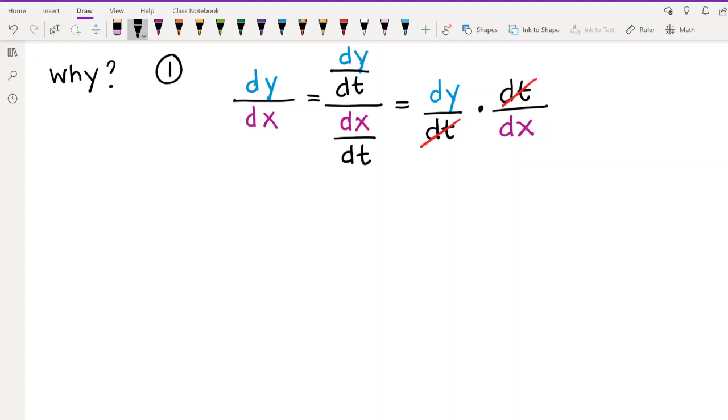Another way of understanding why this works is to think about the chain rule. So let's say that you wanted to find the derivative of y with respect to t, and let's say that y is a function of x.